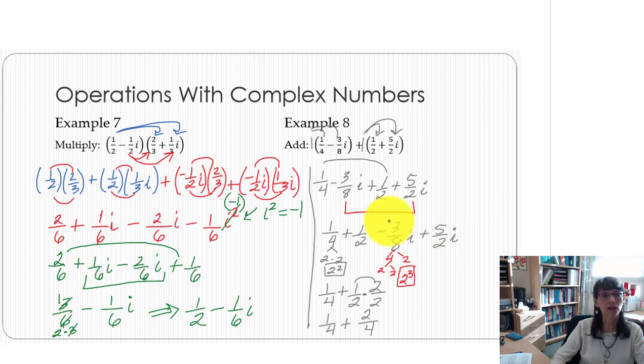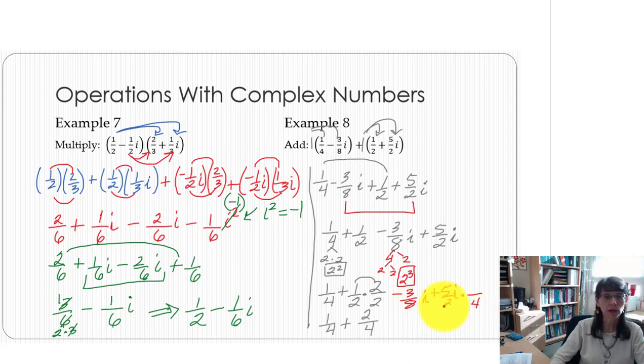Well, obviously the first fraction is fine the way it is. So I have subtraction of 3/8i plus 5/2i, but this fraction needs to be built up. 2 times what would match 8? So that would be 4. 2 times 4 makes 8.